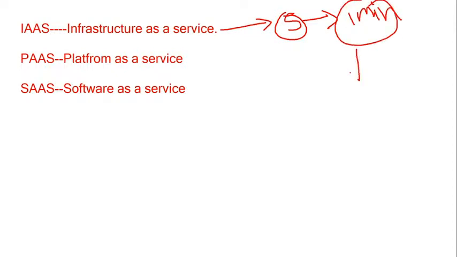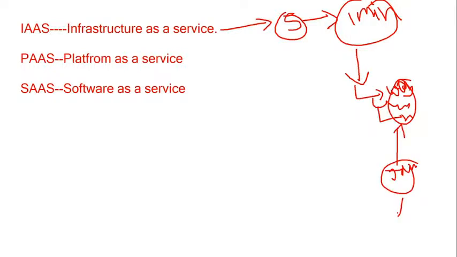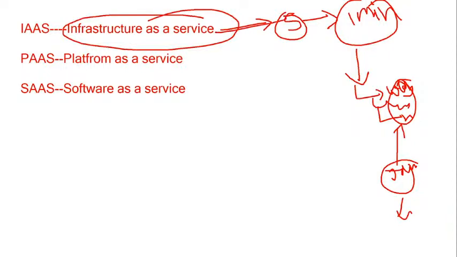Then on top of it, to host the Java application, you have to install web servers, WebLogic, WebSphere, JBoss, or Apache Tomcat, and host your Java application on top. That should be managed by yourself. The cloud vendor just provides the virtual machines, and the remaining management should be taken care of by yourself. Why? Because the application is yours, the management is yours. That is infrastructure as a service.